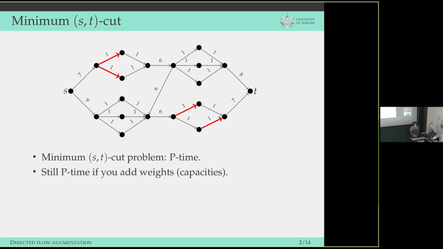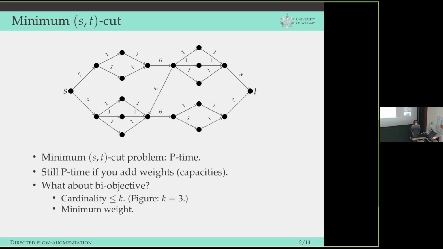But let's make our life even harder. Namely, let's try to be bi-objective. If we didn't have weights, there were just two edges to cut, for example these two in the middle. If we care only about weights, then also something can be done. But let's now try to do something in between. Namely, let's have a cardinality bound and try to minimize weight. For example, in this picture, the minimum cardinality cut was of size 2, the minimum weight cut was of size 4, so let's look at size 3 cuts.